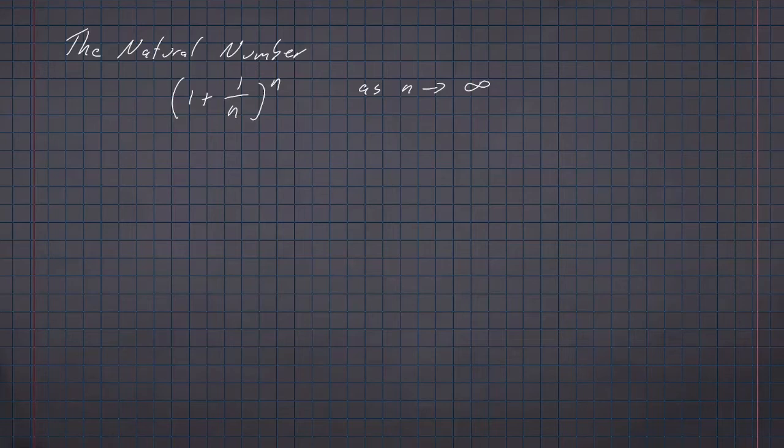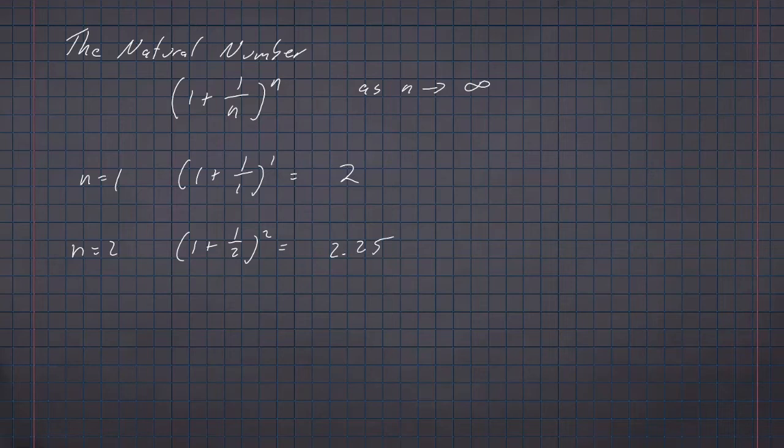Starting with n equals 1, we have (1 + 1/1)^1, which is 2. If n equals 2, we have (1 + 1/2)^2, which is 2.25.